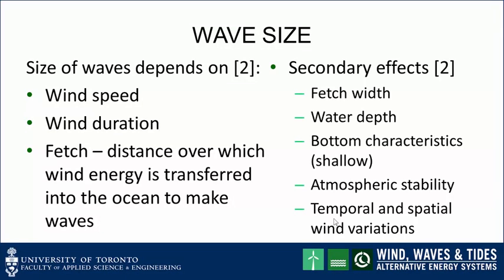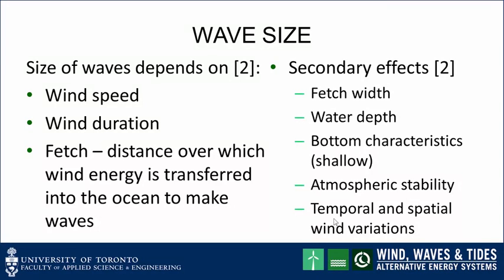Now there are a number of secondary effects as well. So not only the distance the wind acts on the water, the fetch, but also the width of that interaction area can have a secondary effect. The water depth can be important, and where the water is shallow, the bottom characteristics are important. They influence the friction, which is a dissipation mechanism. On the air side, the atmospheric stability is important.